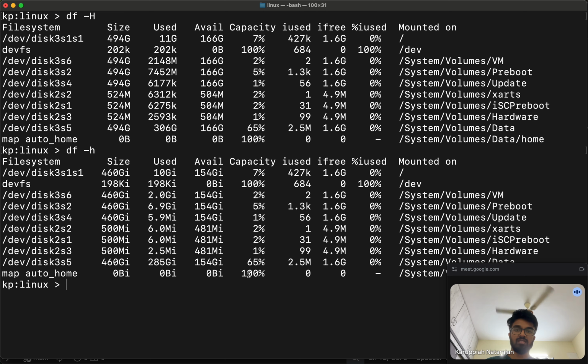In percentage, at least, it's mostly close. So I think here it's 154 GB out of 460 GB. I think capacity. I don't know why it says capacity over here. Ideally, it should show used percentage and all that. We'll come to what this is: iused, ifree, iused percentage.